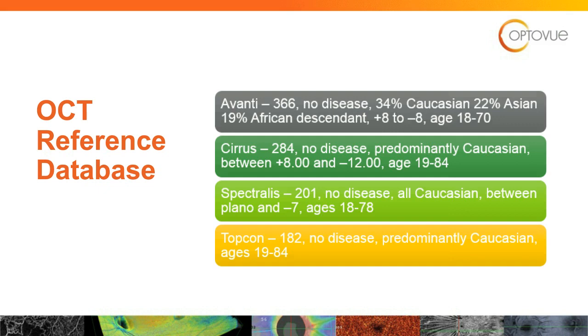So we have to realize that depending on your patient's race, ethnicity, refractive error, and age, they're going to be compared to a group of patients that may be a dozen or 2 dozen, or sometimes even less. So keep in mind that normative databases help you make a statistical analysis. They're not really telling you whether or not there's glaucoma.